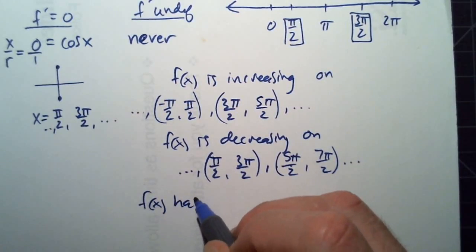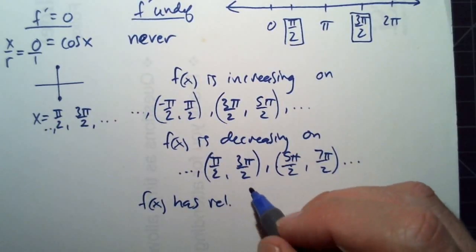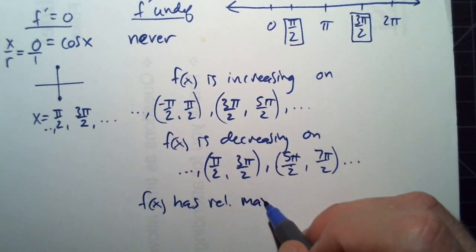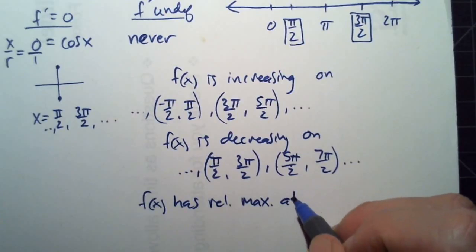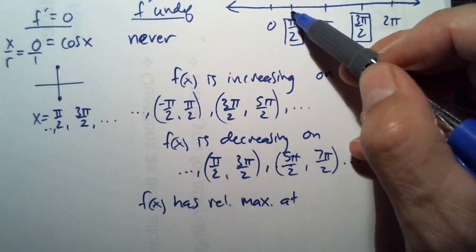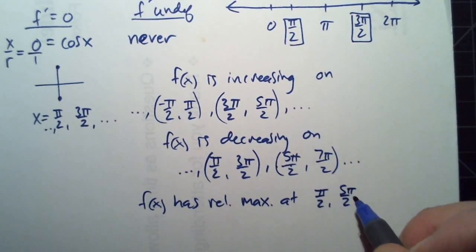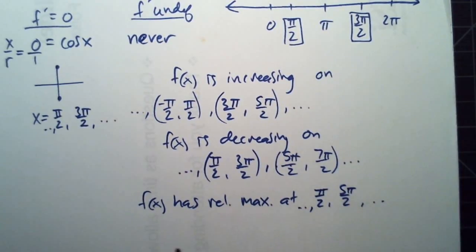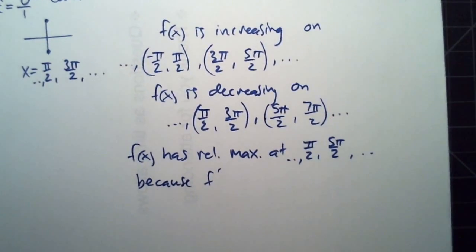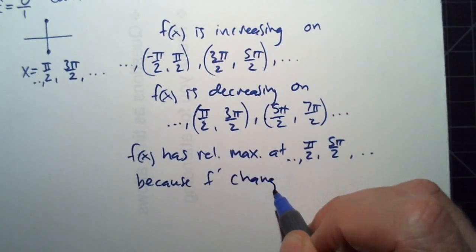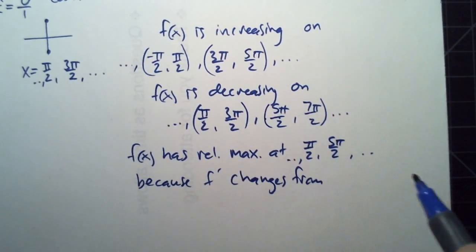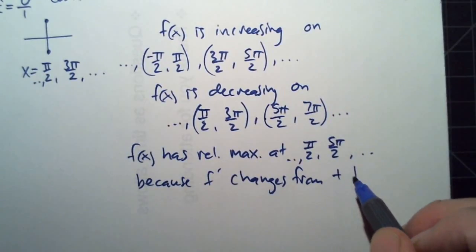And then we can say f of x has relative maxima at pi over 2, 5 pi over 2, repeated, because f prime changes from positive to negative.